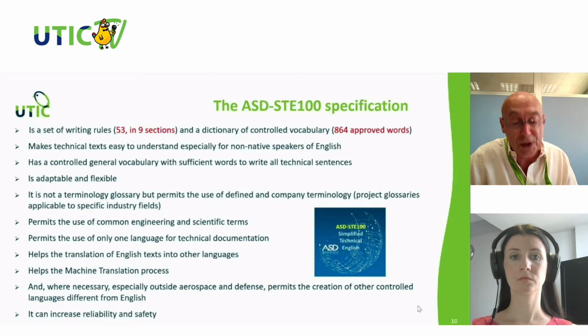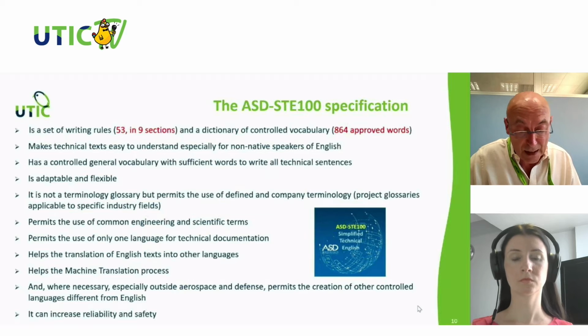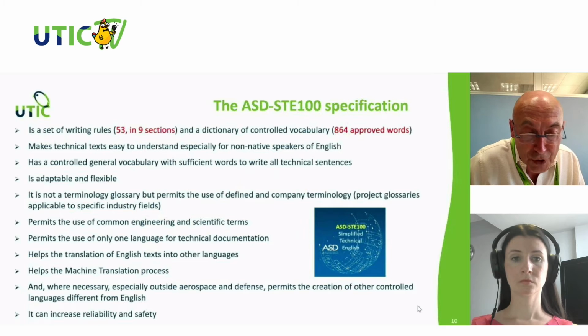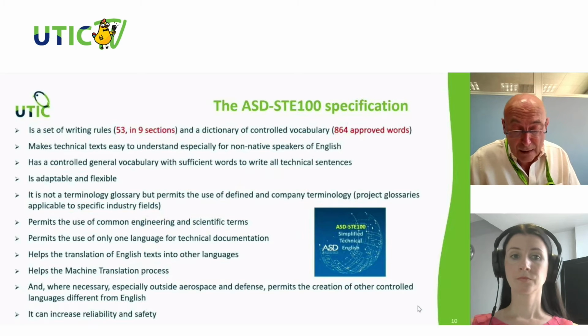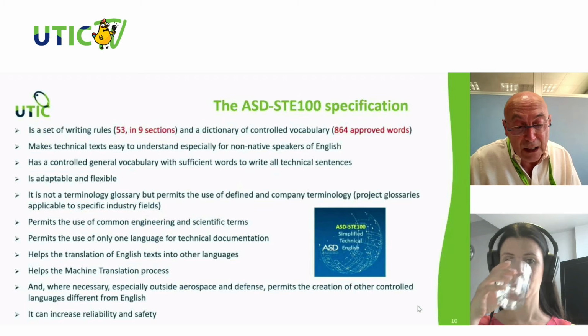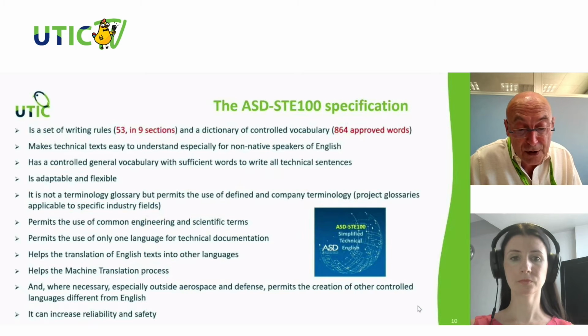So what does the specification give to the technical authors? I would say that the structure is exactly replicating the concept of a pioneer of control language, which was called Basic English and was created in the 30s. And we have 9 sections and 53 writing rules in part 1.